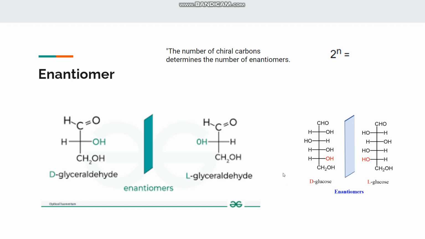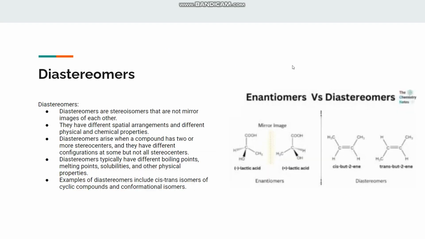Now what I want you to notice here is D-glucose and L-glucose. They are a type of enantiomer. So whenever you see something like this, it's a type of enantiomer. So D and L forms of sugars and amino acids are a type of enantiomer, okay? And the number of chiral carbons determines the number of enantiomers. So let's say you have two chiral carbons, well that gives you four enantiomers.